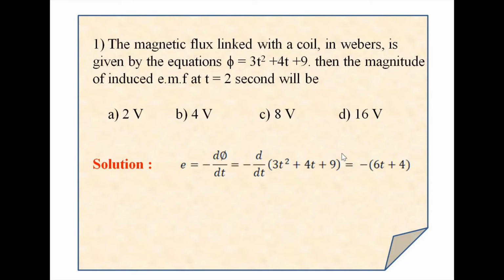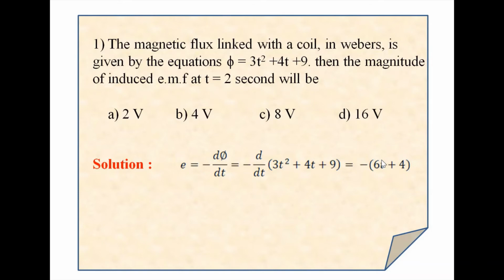We know the relation E equals minus d phi by dt. So that means minus d/dt of phi, which is 3t squared plus 4t plus 9. Taking the derivative, we can write E equals minus (6t plus 4).